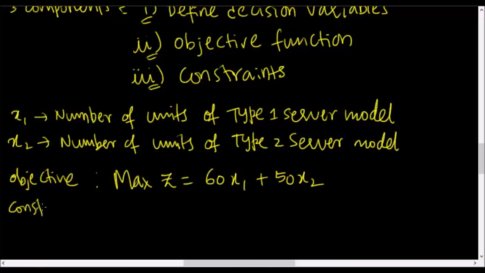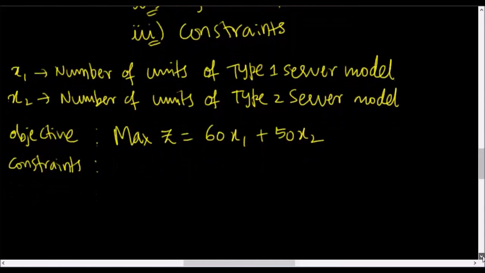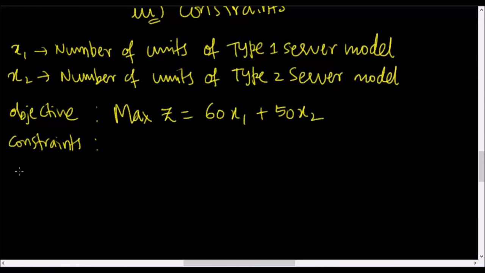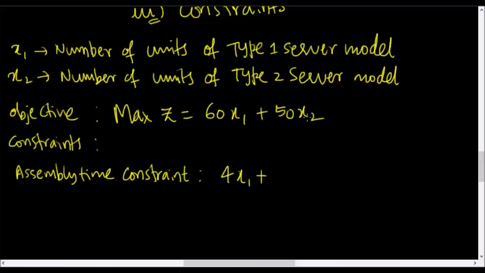Now we have to list down the constraints. There will be three constraints here, one for each of the resources. Let me write the first constraint, which is the assembly time constraint. One unit of type 1 server requires 4 hours in the assembly section, so x1 units will require 4x1 hours, and one unit of type 2 server requires 10 hours in the assembly section, so x2 units will require 10x2.